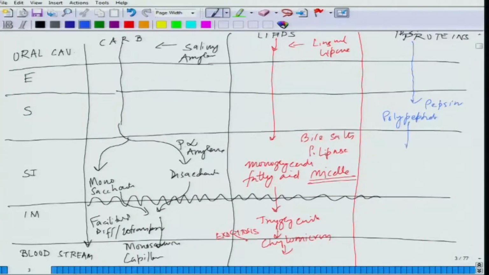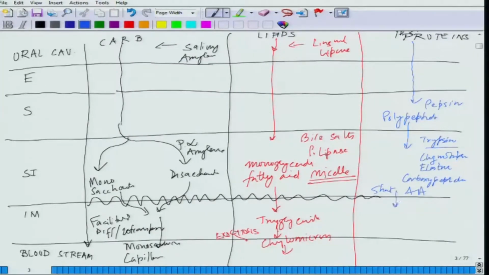From here they move on to the small intestine, where a series of enzymes are involved: trypsin, chymotrypsin, elastase, carboxypeptidase. That forms the short amino acids.